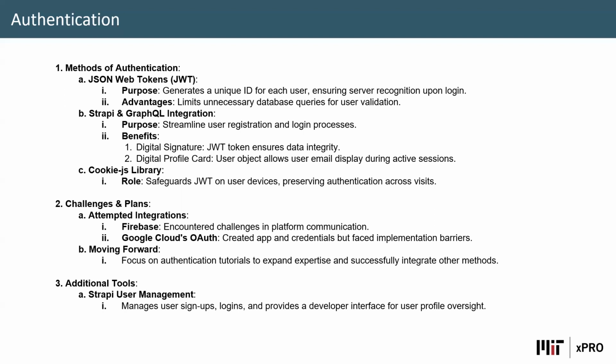So then I tried adding from Google Cloud's OAuth service by creating the app and then creating credentials. Ultimately, I was very unsuccessful. In the future, I intend to practice with more authentication tutorials to get a better understanding of how to implement them.